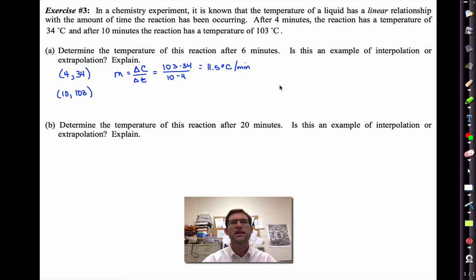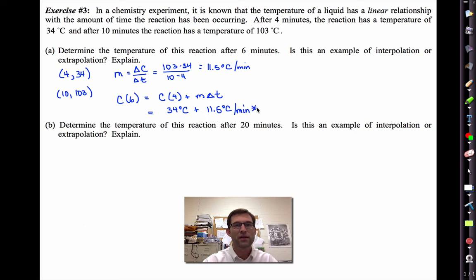Now, let's say I want my temperature at 6 minutes. Well, I can take my temperature at 4 minutes and add to it my slope times the change in time. So C4 is 34 degrees Celsius plus 11.5 degrees Celsius per minute, times, well, how much does time change when we go from 4 minutes to 6 minutes?